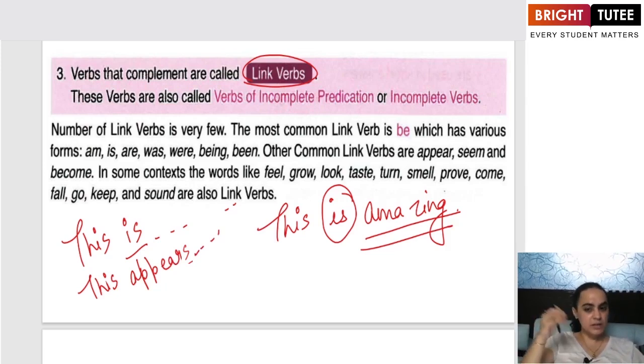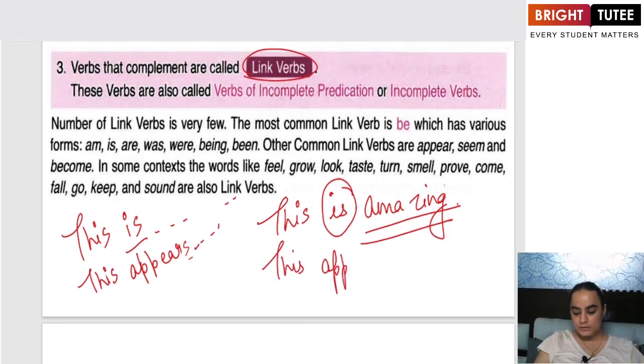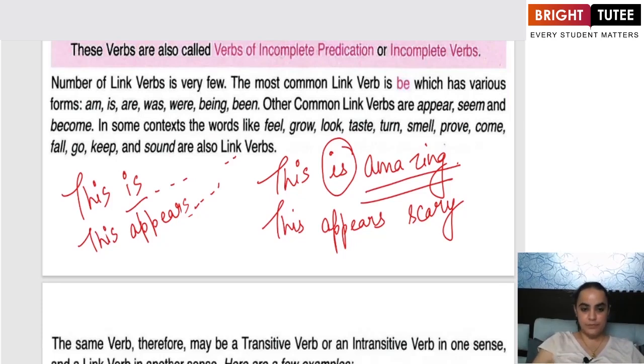What? I need something. This is an incomplete verb. I need something to complete it with. So if I say, this appears scary, or this appears exciting. Okay? If I give you another example, for example, this was what?